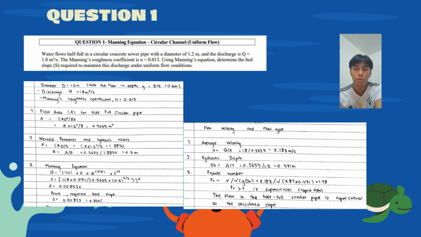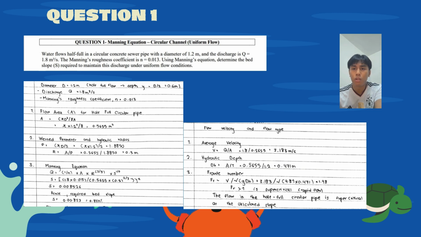So this is our wetted perimeter, and then we get 1.8850. So R, we need to find R, so we get 0.3. R is equal to area over wetted perimeter.